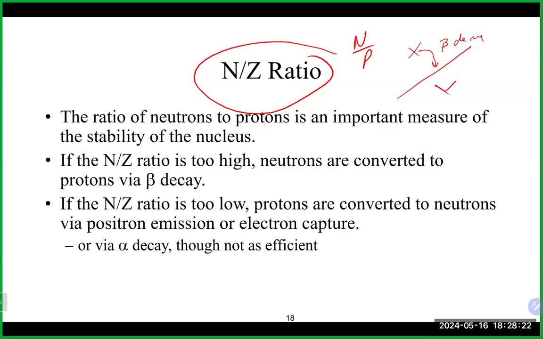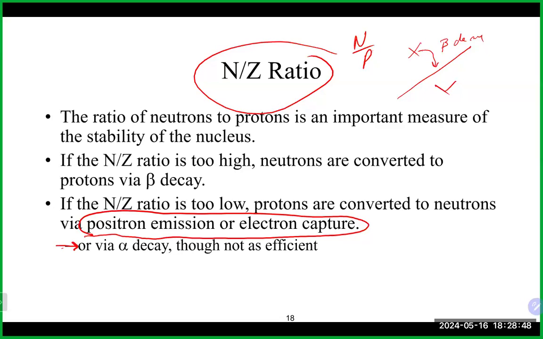The thing could go through either one to try to get a better ratio. It can also do an alpha decay, but it's not as efficient. So for us, although it can technically do an alpha decay, if you find the ratio is too low, you should do one of these 2 processes. We'll leave the alpha decay off and just go with those 2.